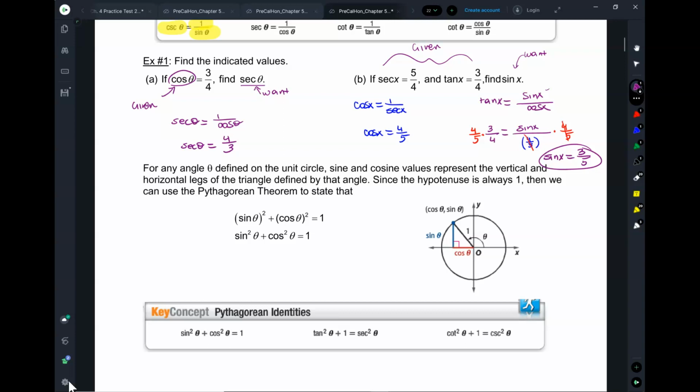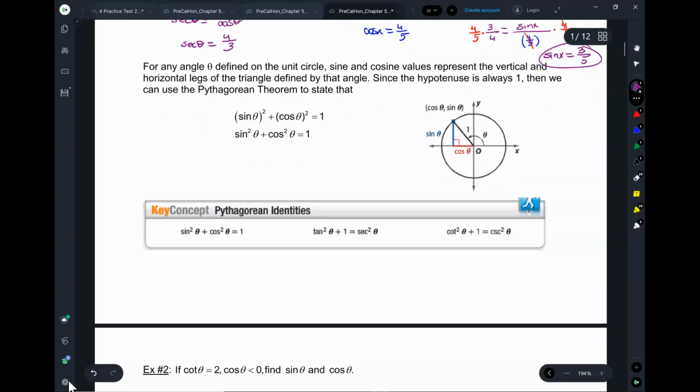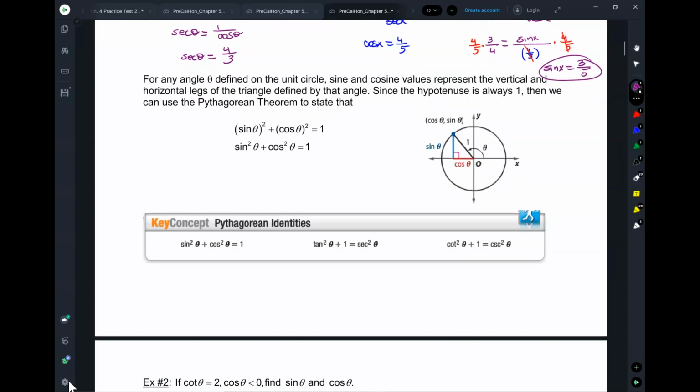Okay, now, everybody look here for a minute. Let's talk about a random angle on the unit circle. We kind of did this last chapter. We're coming back to it. So when you have an angle anywhere here, right? Anywhere on the unit circle. Remember we talked last chapter about the vertical side. This is y, right?